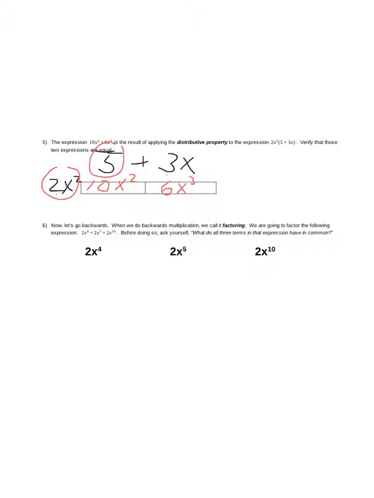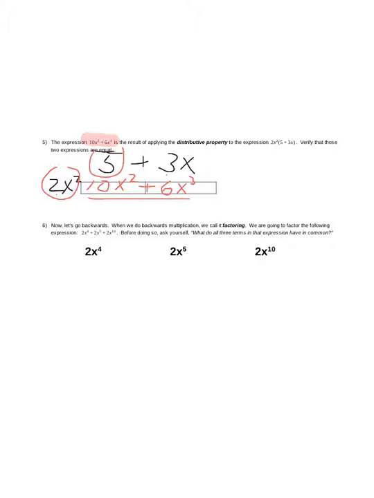And that is adding those. So now, is the answer to my question 10x squared plus 6x cubed the same thing as this expression up here? And it looks like it is.